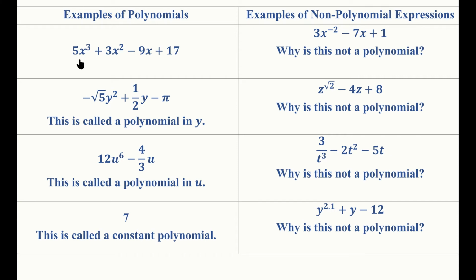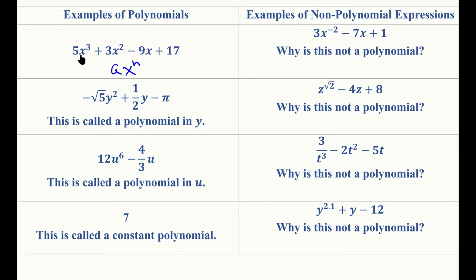Like here in this first example, notice we have 5x cubed plus 3x squared minus 9x plus 17. So here we have a polynomial that has obviously 4 terms. So the only term that you may wonder how it fits the definition, because remember we said each of the terms has to have the form ax to the n, where the coefficient a is a real number and the exponent n is a whole number.